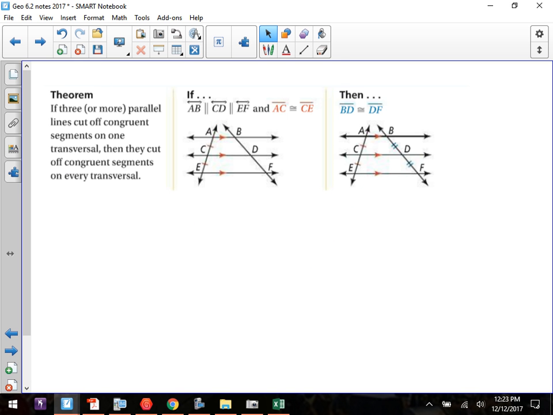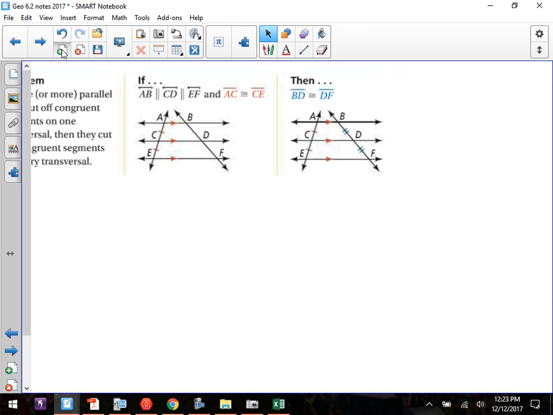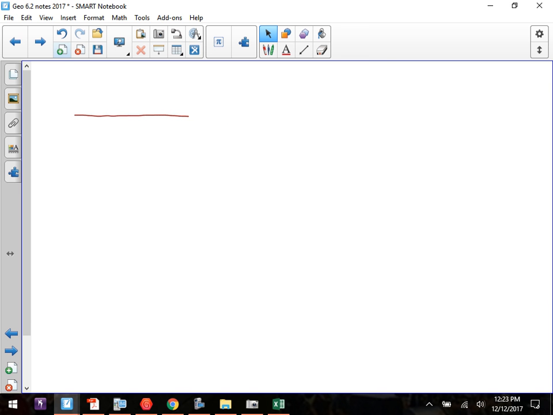The last little bit that's in here today is this really simple theorem. When you have three parallel lines, it's kind of weird that they put this in this section. It used to be in a different one.